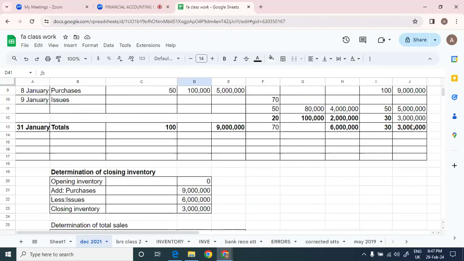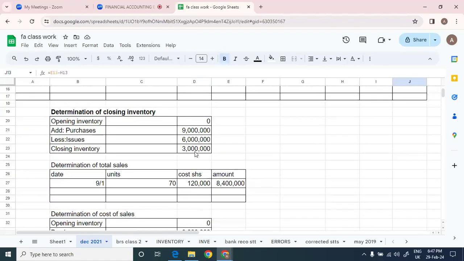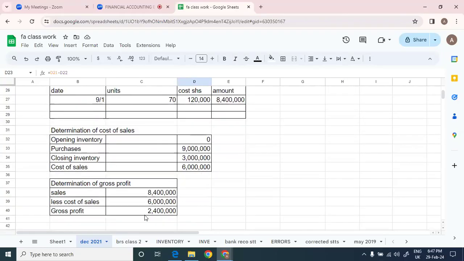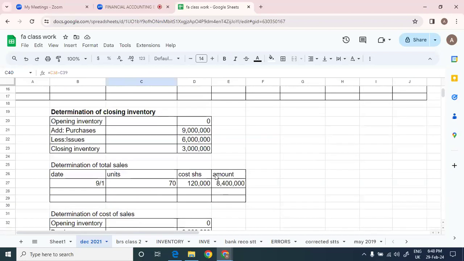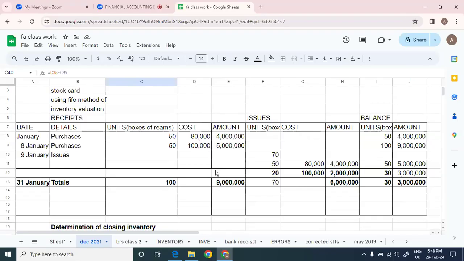So you'll find this one is taking 1 mark, this one is taking 1 mark, and the gross profit will take 1 mark. But if you don't do this, don't expect any marks under this question. I think Nambi, I have answered you. Okay. So that is first in, first out.